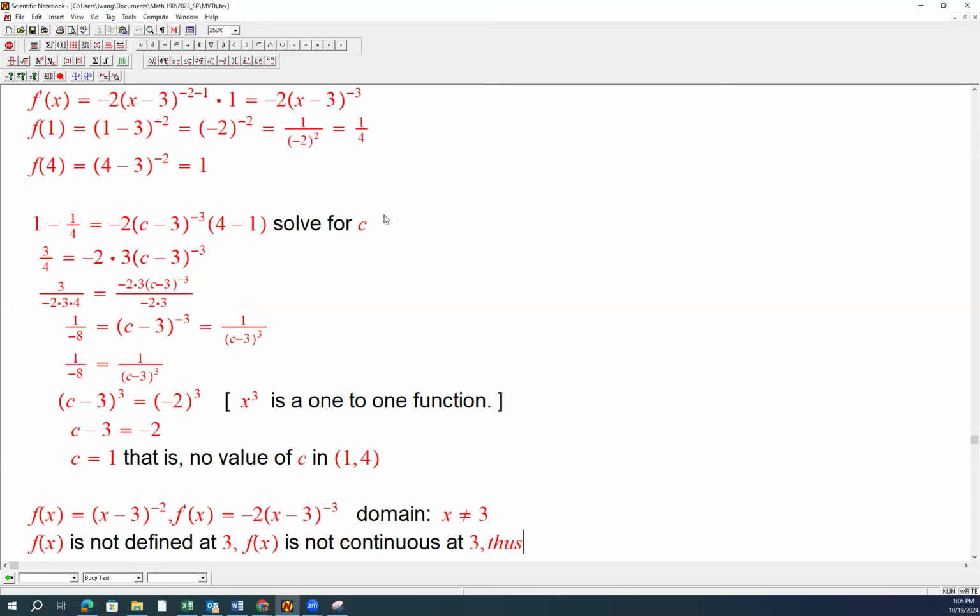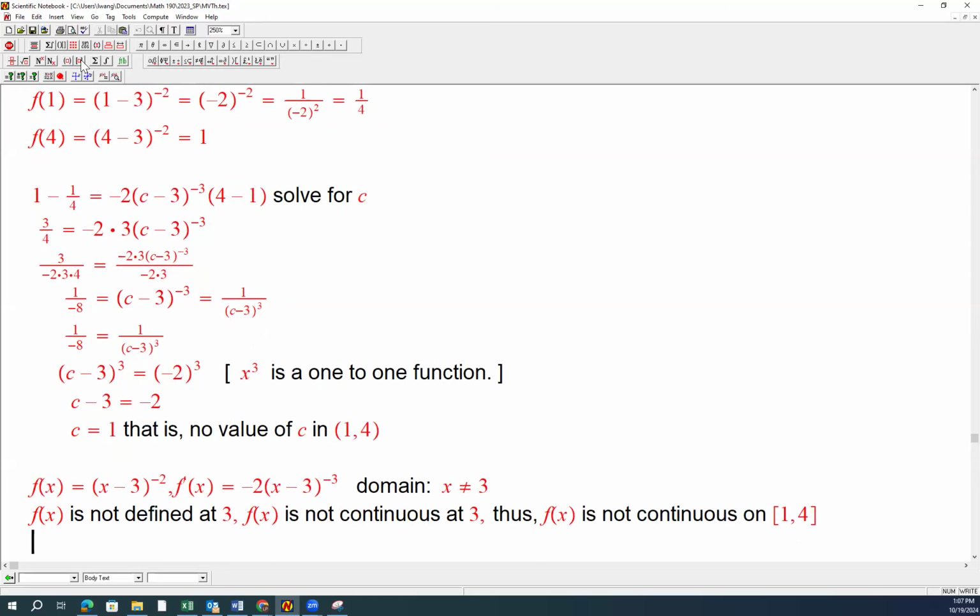And thus, f is not continuous on that interval. f is not continuous on the interval 1, 4, because 3 is right in it.